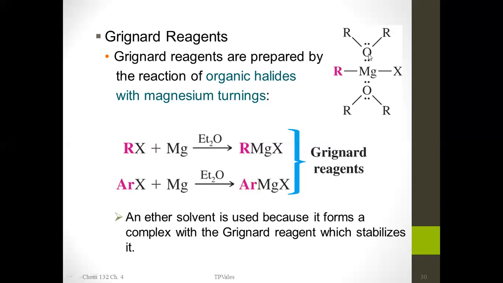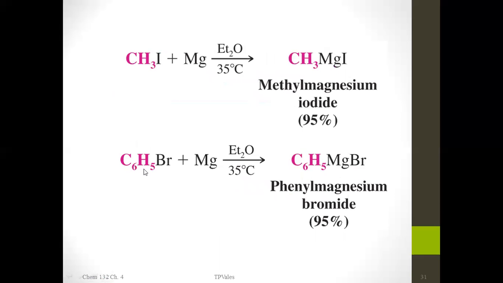You can have the electrons bonded to your Mg, complexing. The ether solvent is used because it forms a complex with the Grignard reagent, stabilizing your Grignard reagent and preventing further reaction.